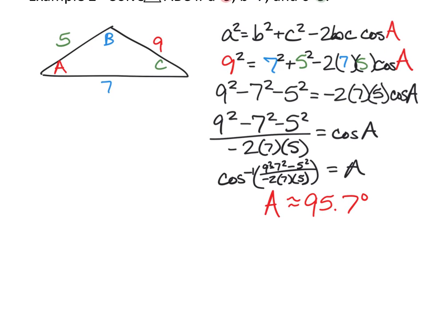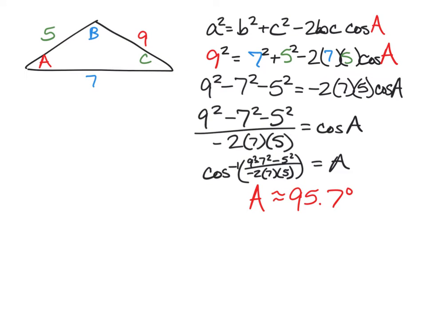All right, so I have angle A. I just need angle B and angle C. My brain is thinking that I'll have to do something with the law of cosines one more time, and then I can just use geometry.